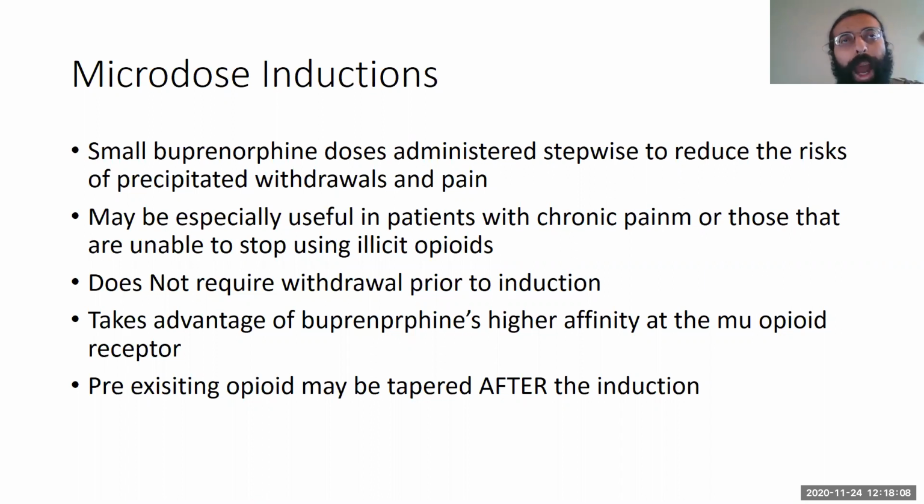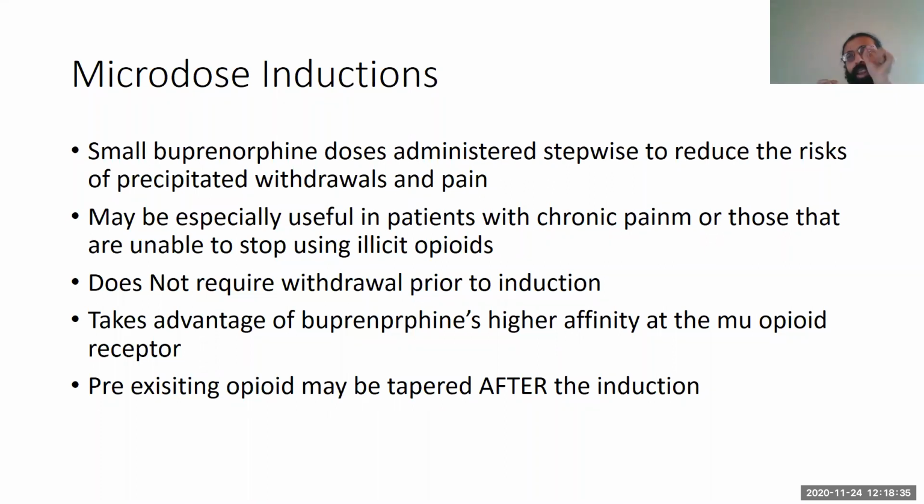The idea of a microdose buprenorphine induction is that we administer small buprenorphine doses in a stepwise manner to reduce the risk of precipitated withdrawals and pain. This is especially useful in patients with chronic pain or those who are unable to stop using illicit opioids. Patients, taking whatever opioids they're taking, start adding a little bit of buprenorphine at a time.